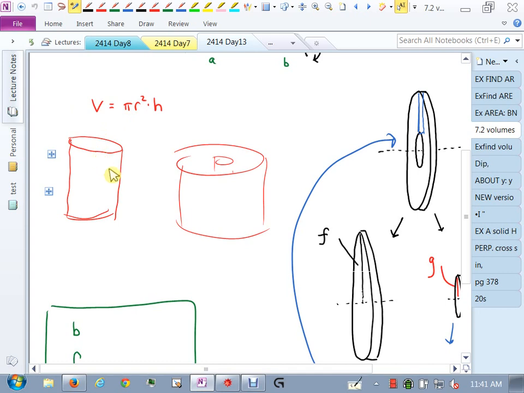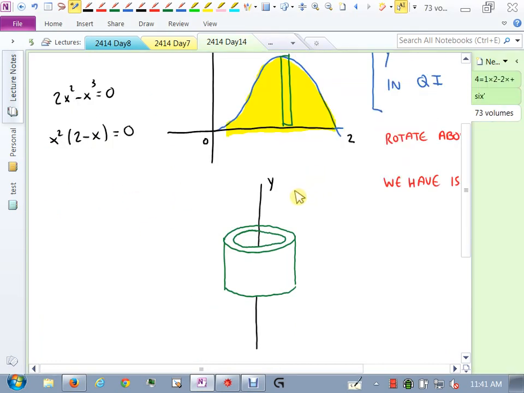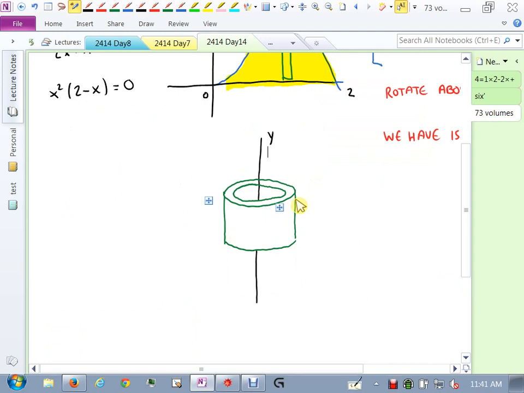A solid cylinder. So what I'd like to do is see if I can convince you what the volume of this is, all right? So here's how I'm going to do it. I'm going to come in here with my imaginary pair of scissors, and I'm going to cut this thing, and I'm going to lay it down and roll it out and lay it down on the floor, okay? If I do that, it'll look like this. Won't it?